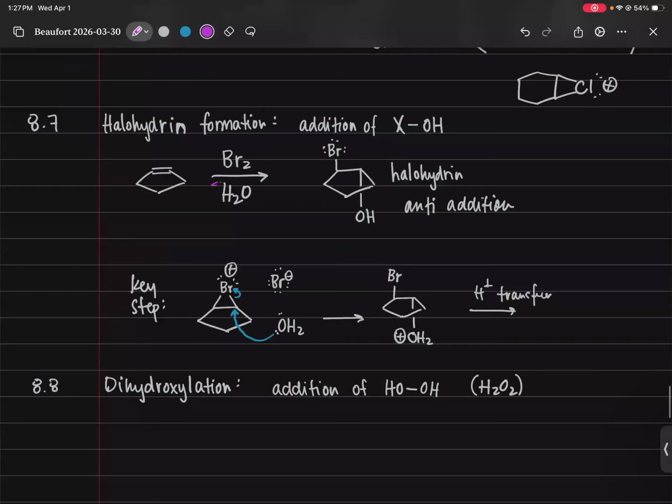So if you have water, you'll get the halohydrin. If you don't have water, you'll get the fully halogenated product. In fact, it is more of an issue when you're trying to do the complete halogenation with two bromines. If you've got any water in your reaction, you're going to get a lot of the halohydrin side product, which is annoying.